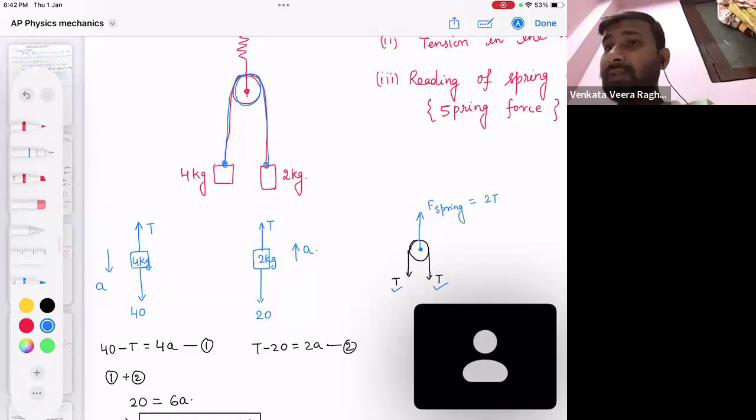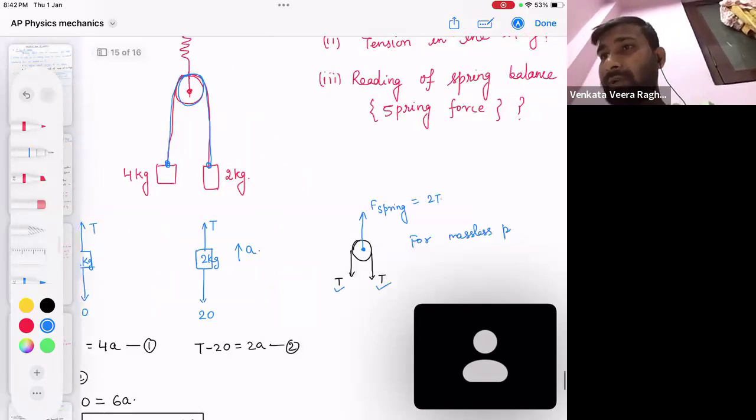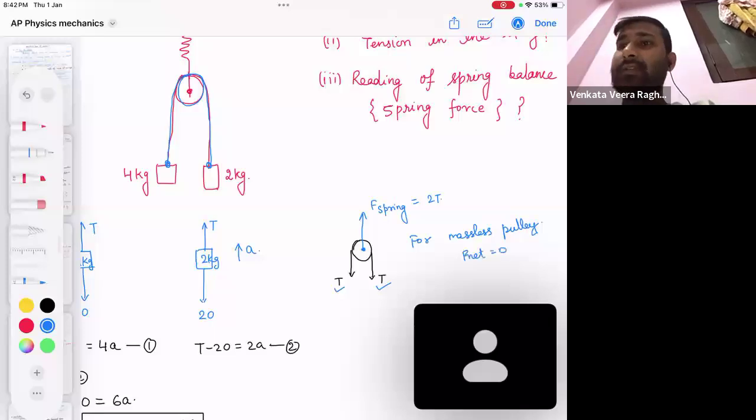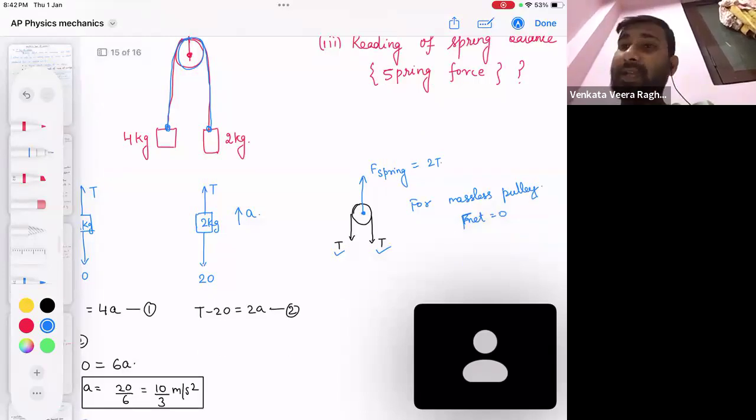Because it is a massless pulley. For a massless pulley, F net should always be zero. Net force acting on a massless pulley is always zero.